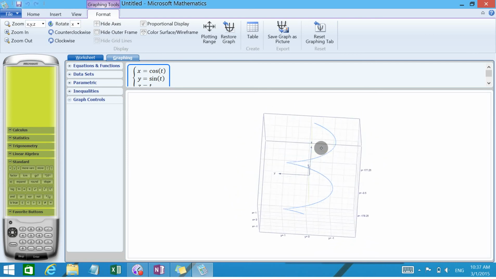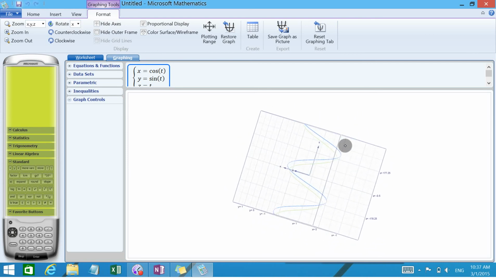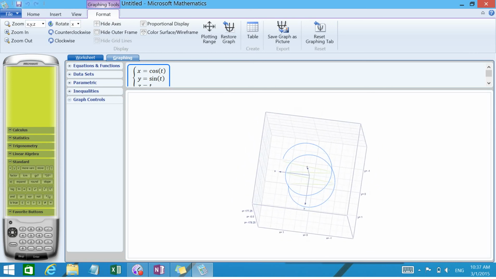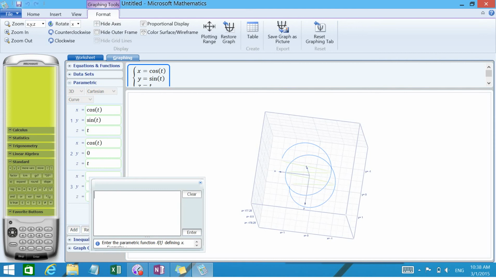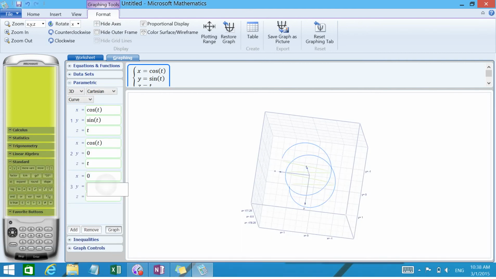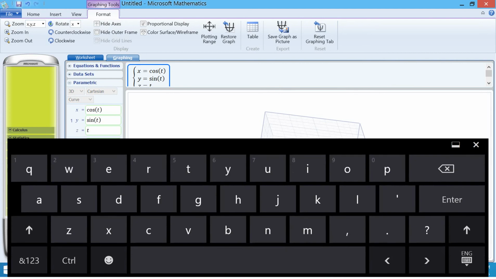Alright, there's something very similar if we eliminate only the x variable and we leave it on the yz plane. So let me draw that. Let's see how cool we can make this. So let me add yet another one. This time I want x to equal 0, so that we're looking at the yz plane, and y should have been sine of t.